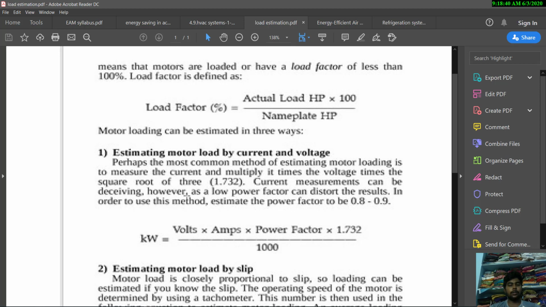That is to measure the current and multiply it by voltage times the square root of 3. The current measurements can be deceiving, however, as a low power factor can distort the results. In order to use this method we have to estimate the power factor to be 0.8 to 0.9.